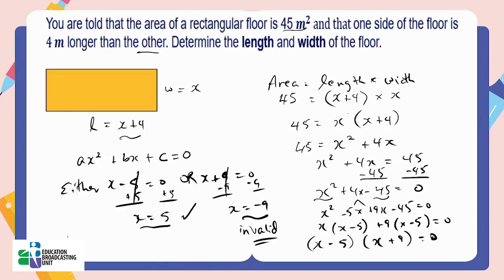So we can say, therefore, that the width of this rectangular floor is equal to 5. That's what the x is, right? So that is 5 meters.